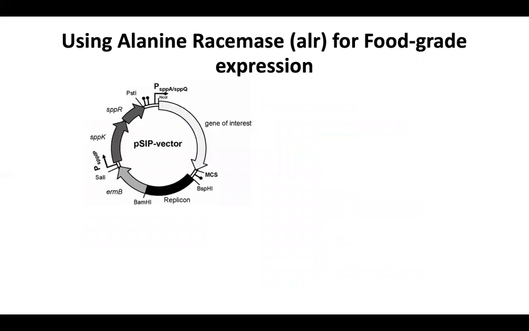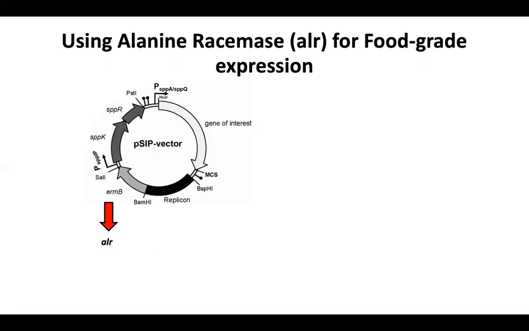But anyway, so we started to work on the lactic acid bacteria expression system. So we got this pCIP vector from Canada. What we did is that we cloned the gene of interest into this vector, all right? The original vector has an ermB, the erythromycin resistance gene.